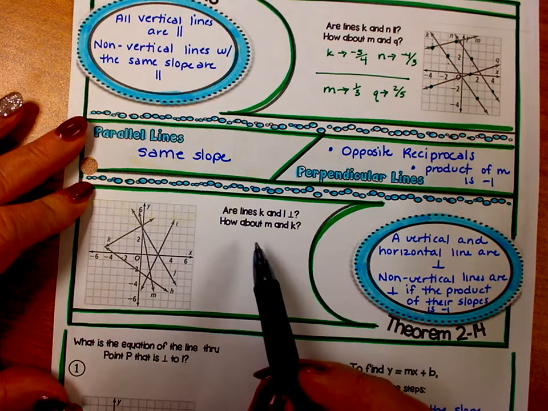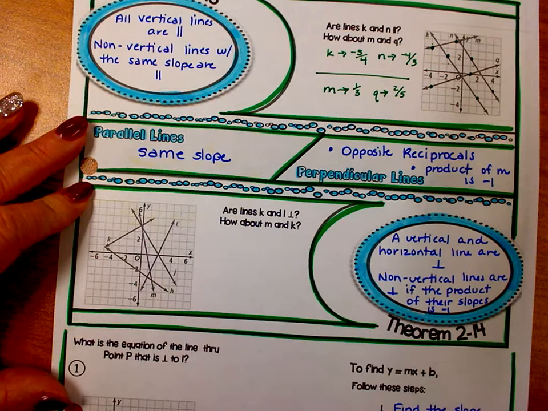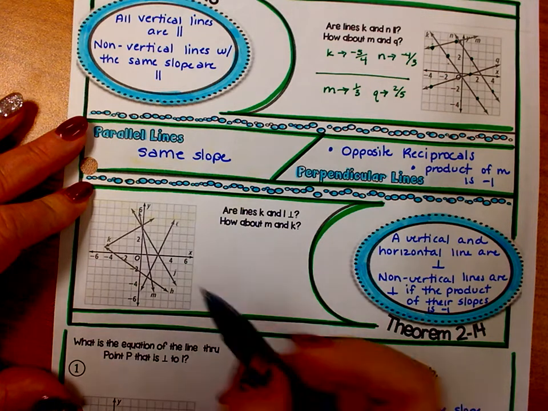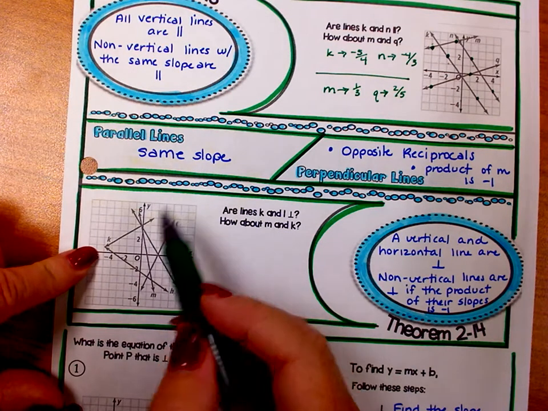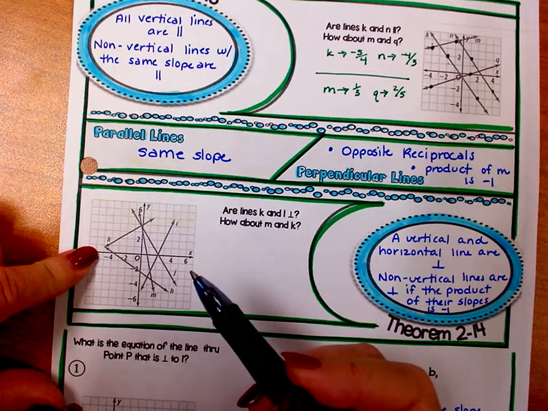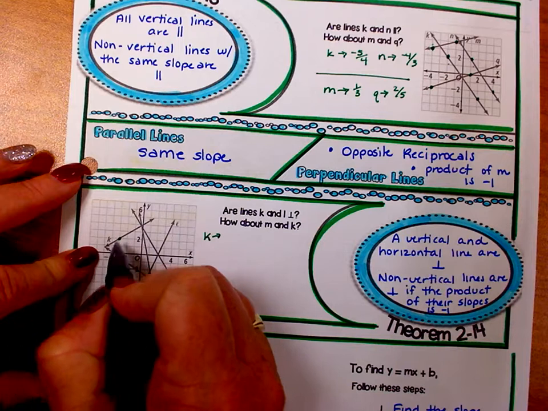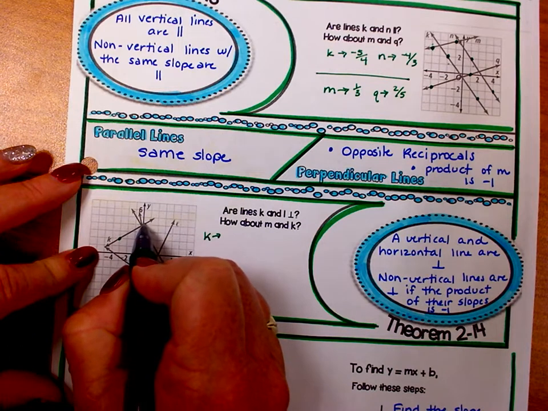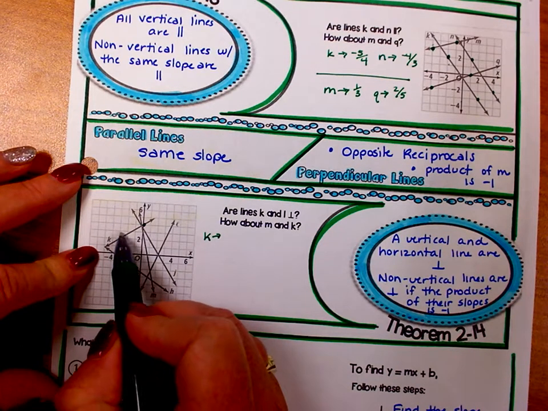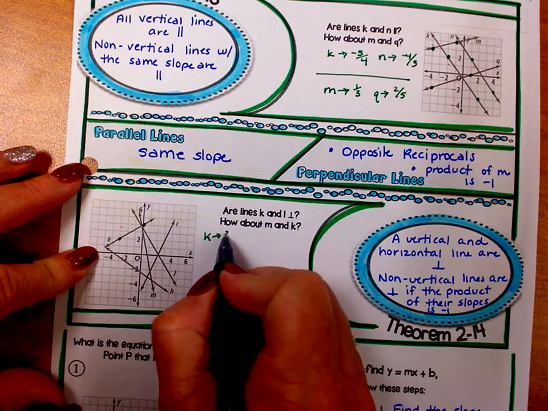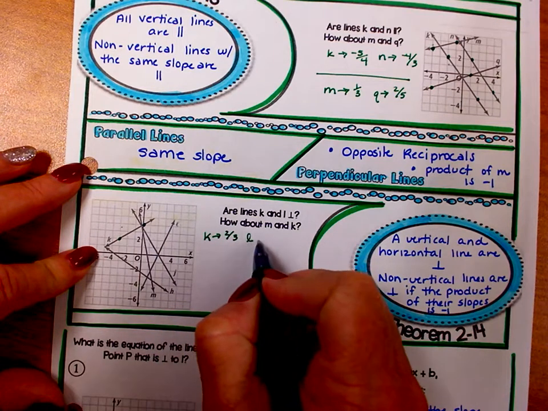We want to see if lines K and L are perpendicular. Let's figure out what those slopes are. K and L are definitely not parallel. Here's a point right here, and here's a point right here. So we're going to go up 2 and over 3. So this one is 2/3.